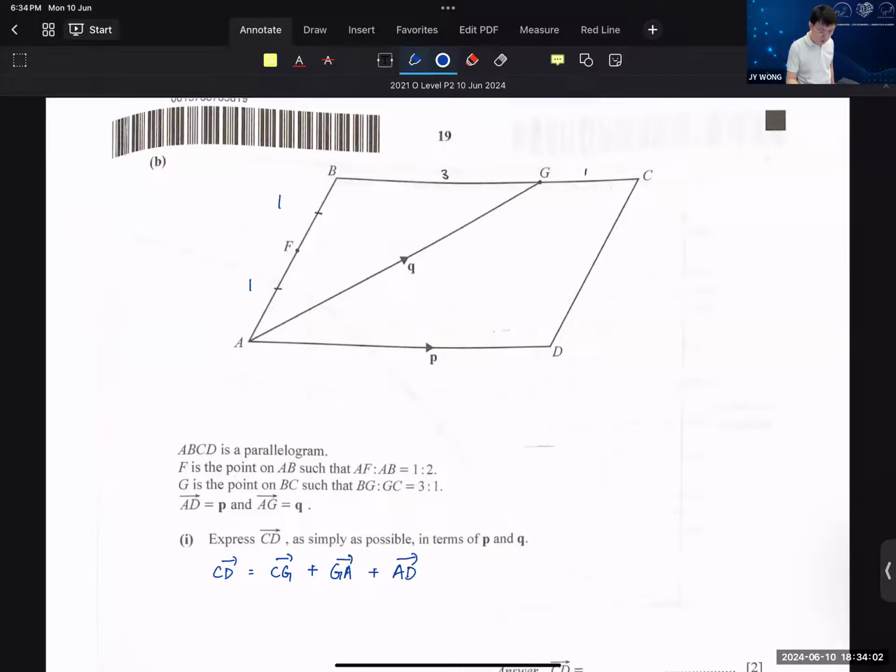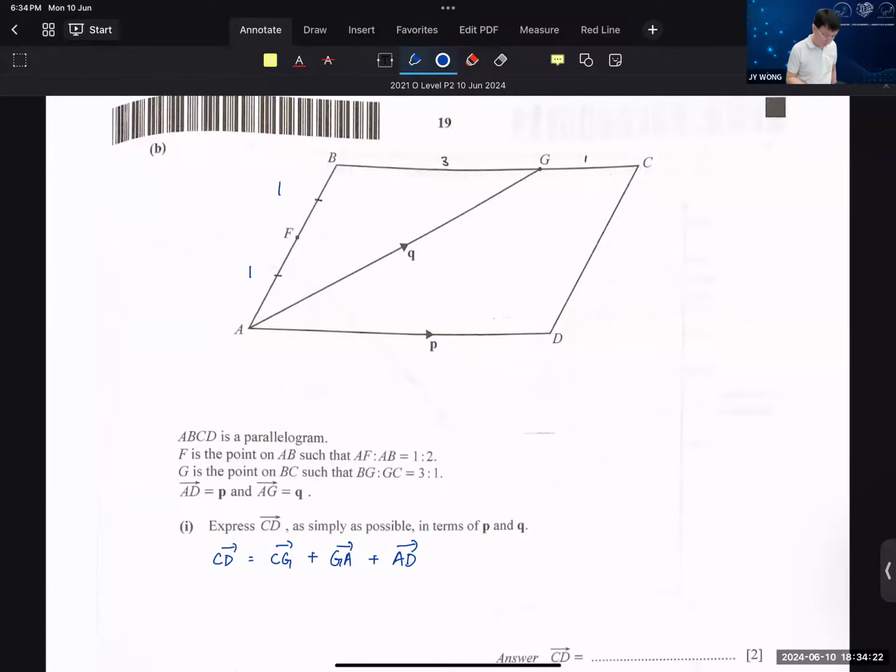Correct? You can see that. If you cannot see, you just go and draw the direction of travel. That's how you get CD. Obviously, we can find GA, which is negative Q. We can find AD, which is just P. So the only thing that we actually need to find is CG. And you should realize that CG is 1/4 of CB.